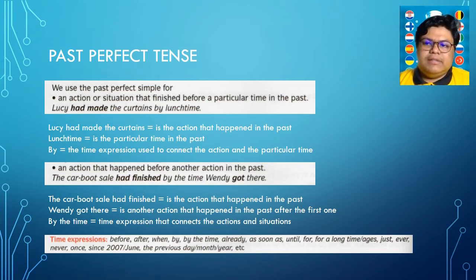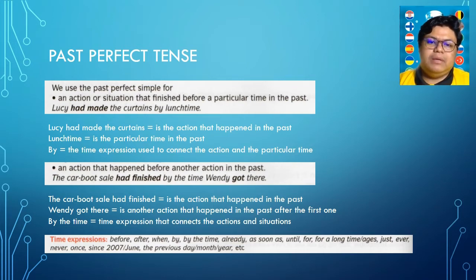Senang cerita kat sini kesimpulan dia. Okay, first, one reason why we use past perfect simple is because when we want to talk about a situation that has finished before a certain time.